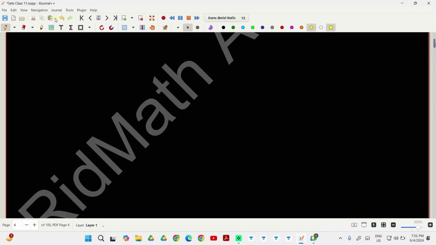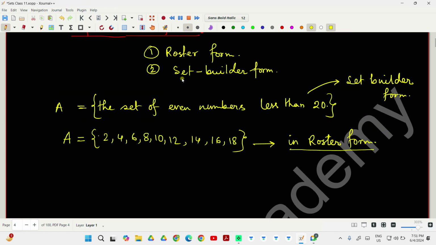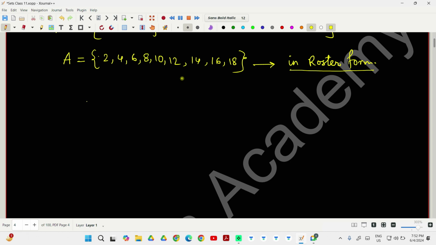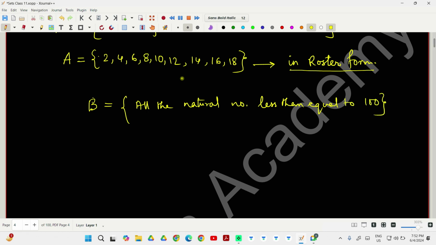Like if we write, say set B is like that, all the natural numbers less than or equal to 100. So this is set B in set builder form.